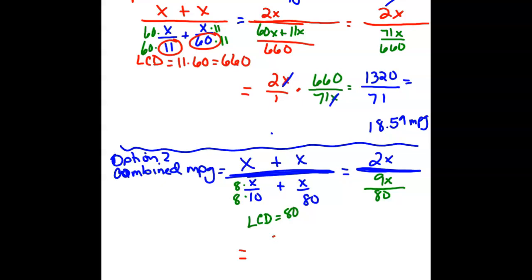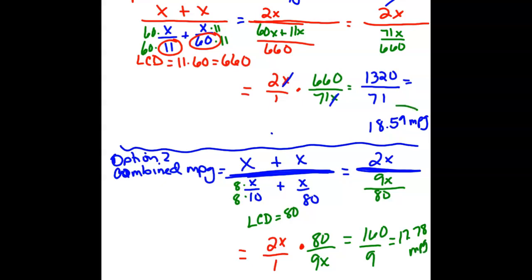So we're going to have 2x divided by 1 multiplied by the reciprocal of the green part, 80 over 9x. And again, the x's would drop out. We end up with 160 divided by 9, and that comes out to be 17.78.